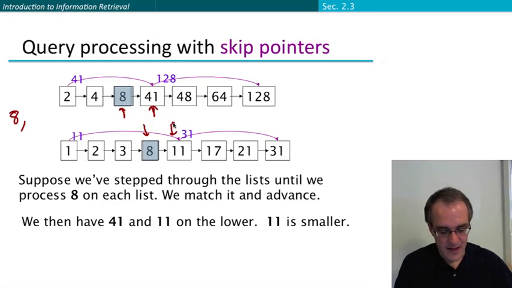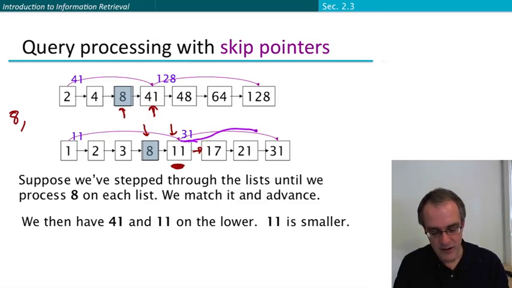Okay, and then at this point, we would say which of these two is smaller. And which one is smaller is 11. But rather than just going on to 17 as we normally would, what we can do is instead also consider the skip pointer and say, look, if you look at where this skip pointer goes, the next thing the skip pointer goes to is 31. And 31 is also less than 41.